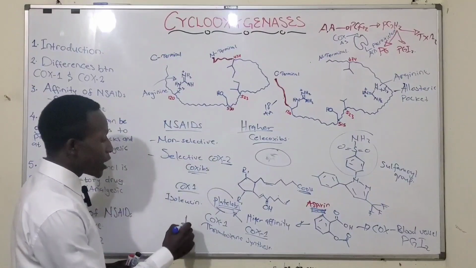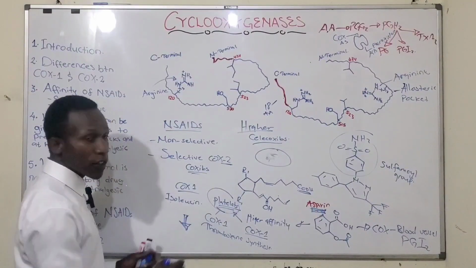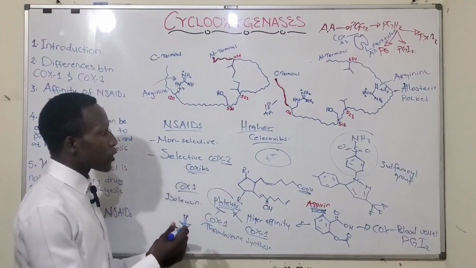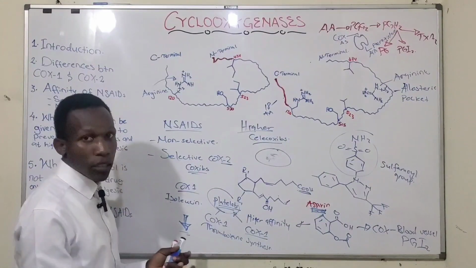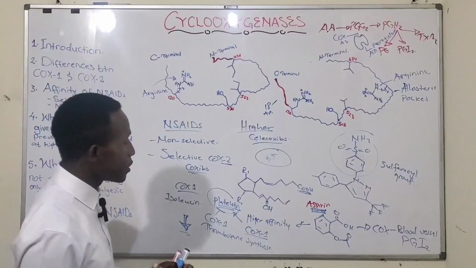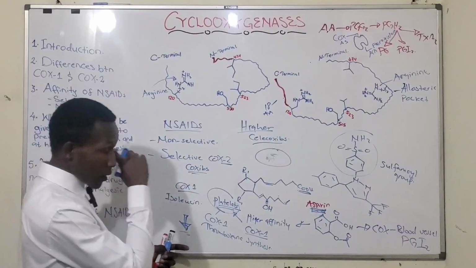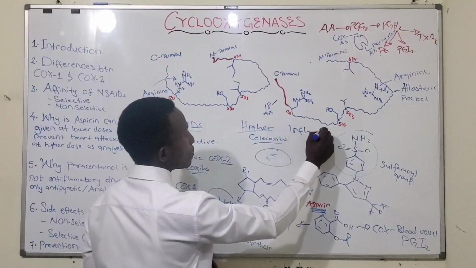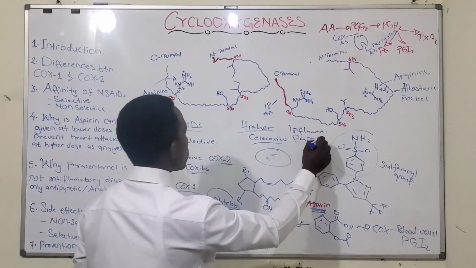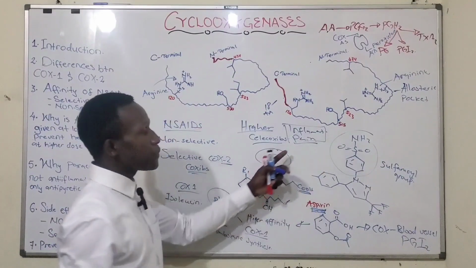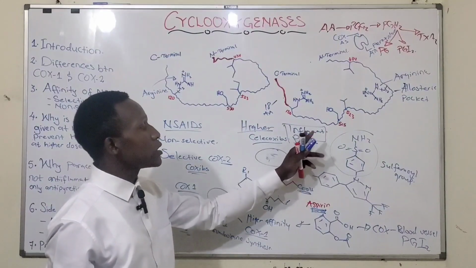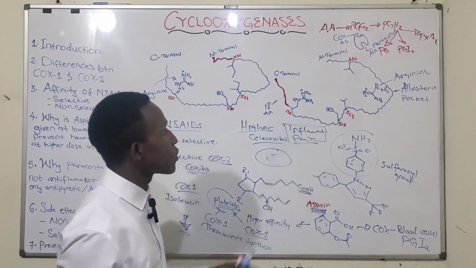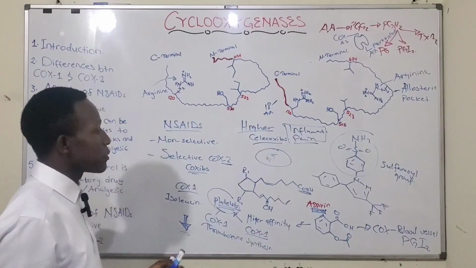And also in the GIT, we can have side effects because the prostaglandins, which are responsible for housekeeping in the GIT, are also inhibited. So at higher doses, in case of inflammation and pain, we can inhibit the COX and prevent the inflammation and pain because all the COX enzymes are inhibited.